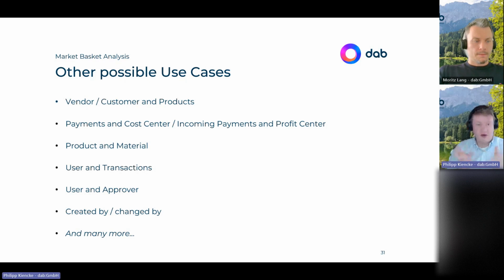Then payments and cost centers, or incoming payments and profit center, same way as our general ledger account. So we can look, was the right cost center selected for that payment, or was the right profit center selected for that incoming payment? Then product and material. We have a very complex bill of material usage in SAP, and we can make it a little bit easier: we have a product and these are the materials.